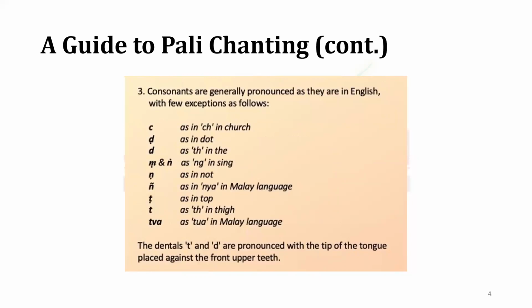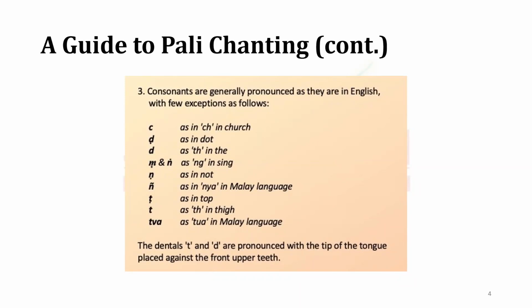C as in church, D with a dot below as in dot. Remember, dot. And then the other D as in TH. The M and N as in NG, as in sing. N with the dot is as in not, N with the muruku is like near.